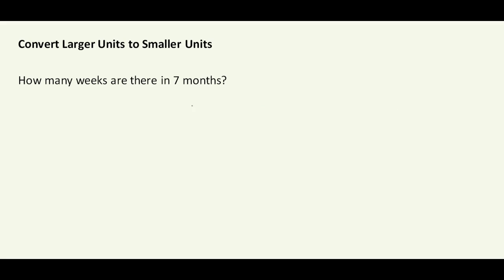So how many weeks are there in 7 months? We know that there are 4 weeks in 1 month. So we'll create our ratio, weeks to months. So we have a ratio of 4 weeks in 1 month. This is equal to x to 7.